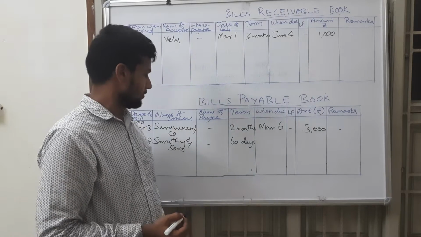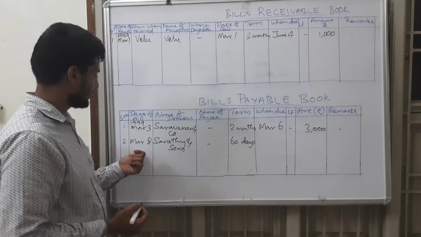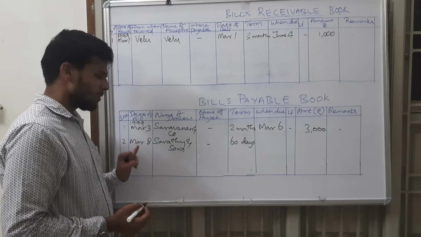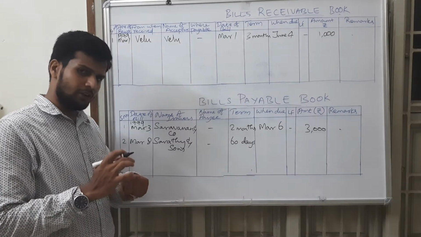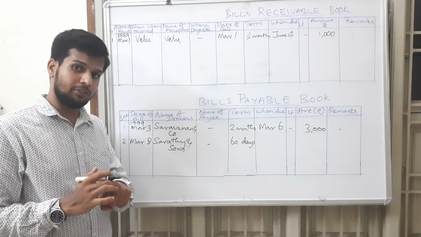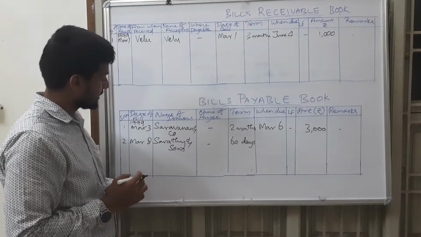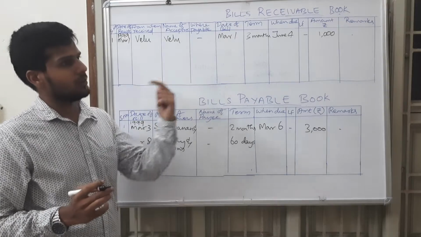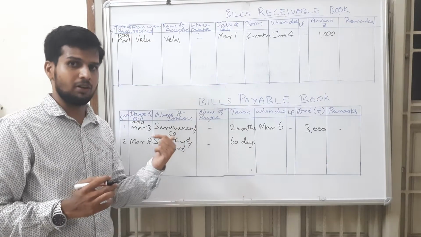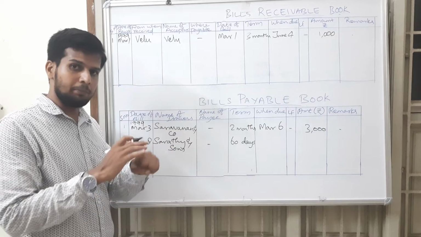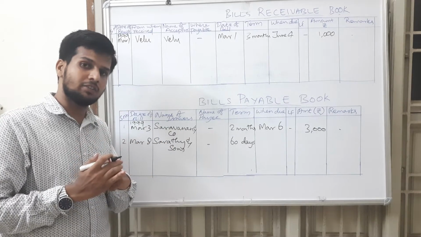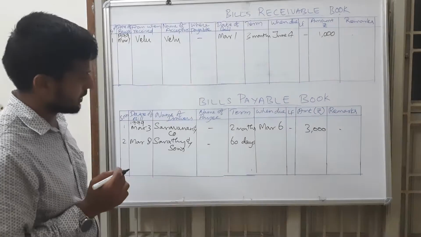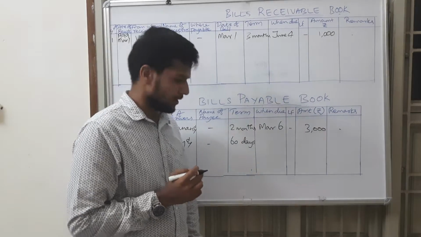60 days bill means we need to calculate the 60 days from this month onwards. March has 31 days. When we take a 30 day period, March 8 means April 7 will come for 30 days. Then next is May 7. On May 7th, the 60 days will be completed.